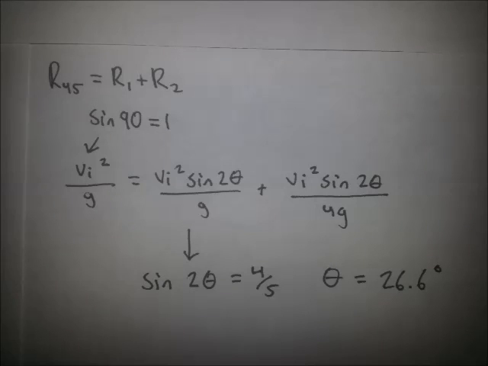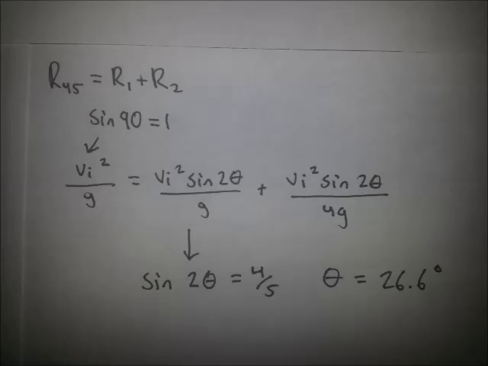Now for part A, what we can do is set both distances equal to each other. So the distance and range equation from the green path equals the distance and range equations from the blue path. So that'll be R sub 45 equals R sub 1 plus R sub 2.